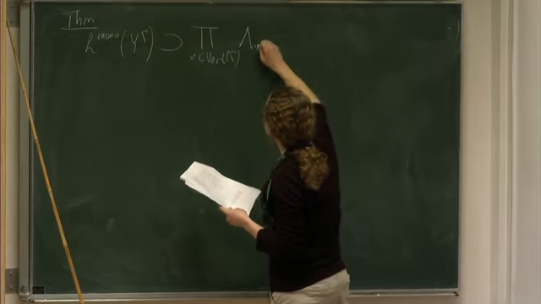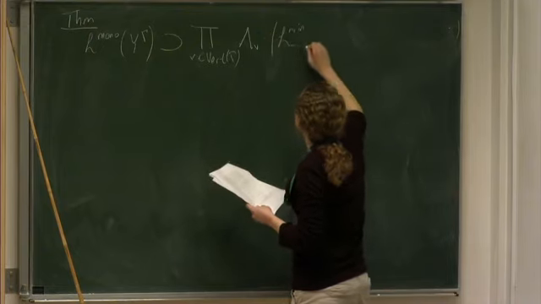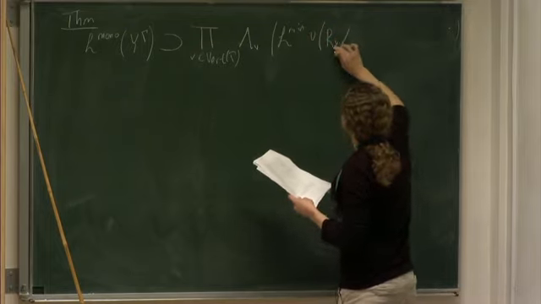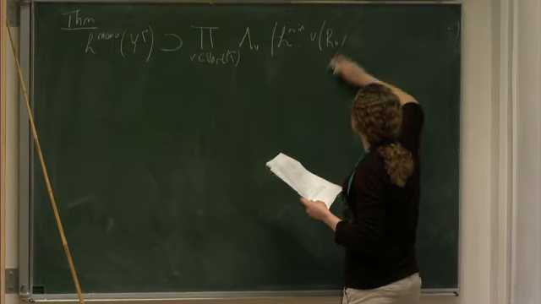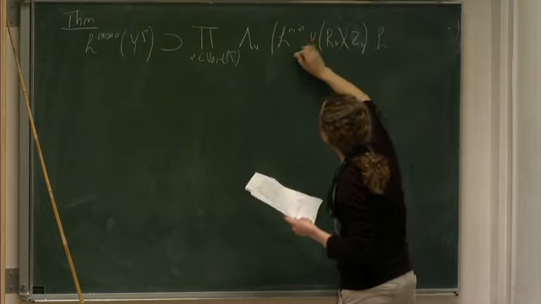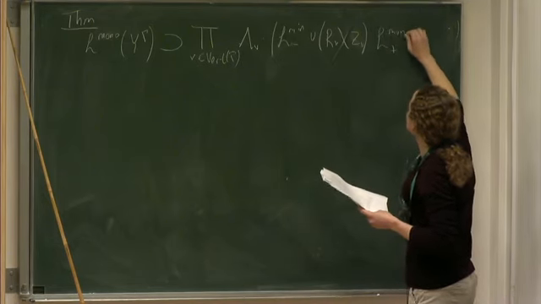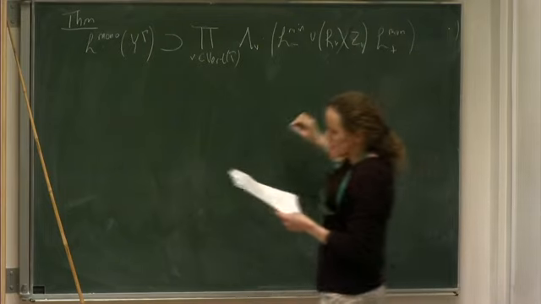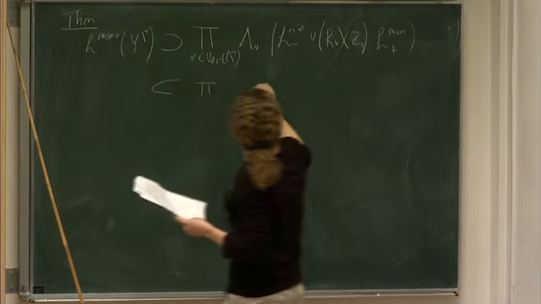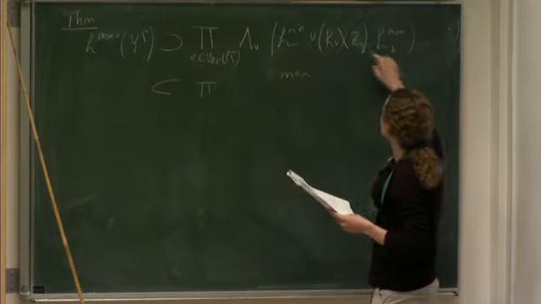So I've got a separate lambda for each guy, and then I've got my L min and my L space reducibles and my negative component, my positive component. And then here I'm contained in the same thing, but with maximum versions of these.